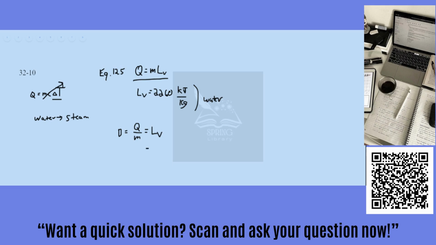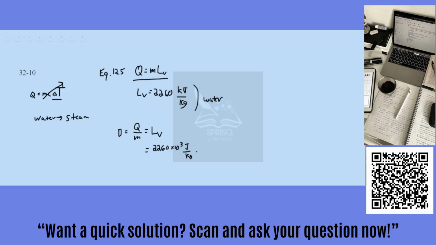So we can rewrite our value as 2260 times 10 to the 3 joules per kilogram, which gives us units of grays, while the question specifically asks for dose in rads.